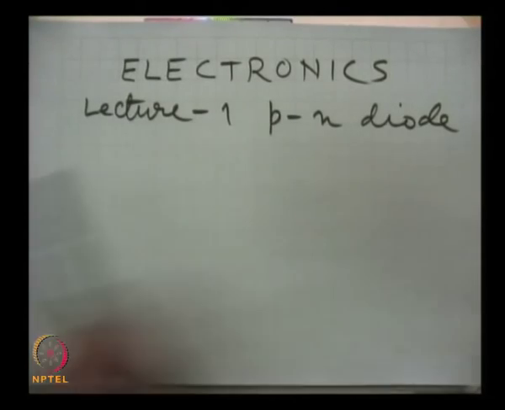So, today we start the first lecture, the title of which is the PN diode, and this will contain a brief introduction about the semiconductors in general, and then the first thing will be how the PN junction is formed, and once the PN junction is formed, what are the properties associated with the junction, how we can calculate some of these parameters like contact potential, depletion width, etc. So, this I shall be covering.